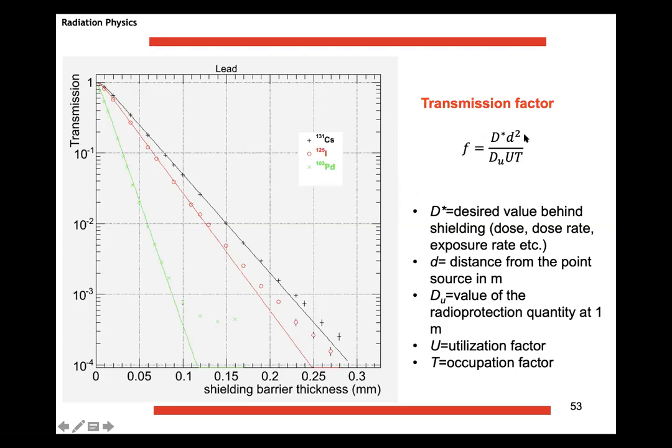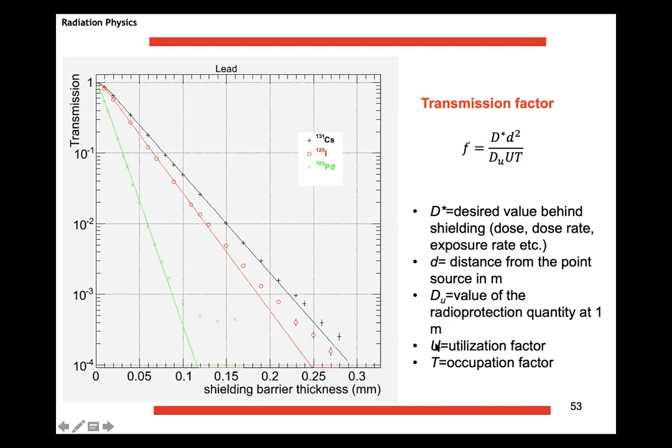And the formula is this one. D star is the desired value behind shielding. That can be dose rate, can be exposure rate, whatever you are using in radiation protection. D is the distance from the point source in number of mean free paths. Du is the value of the radioprotection quantity at one distance.